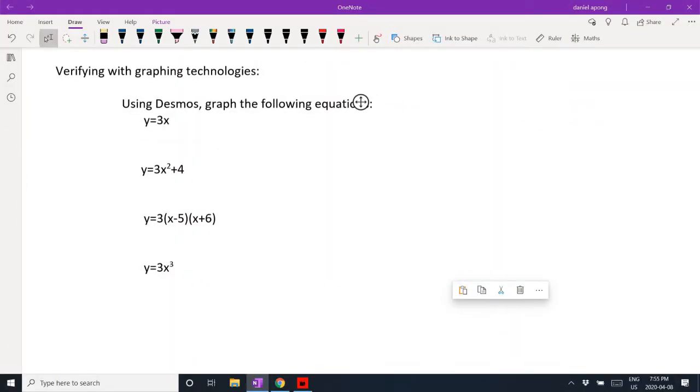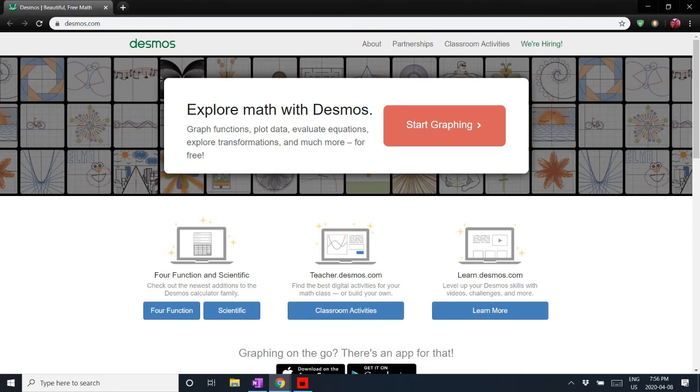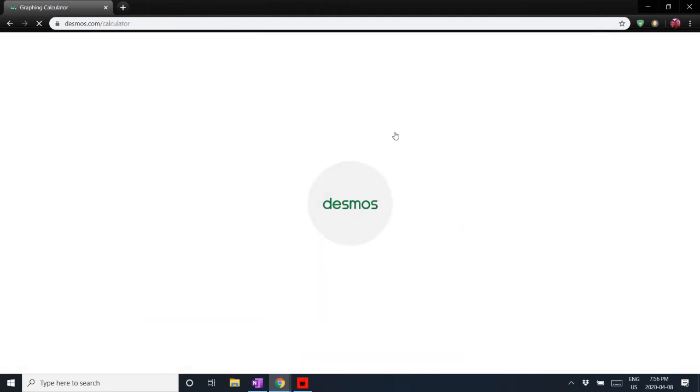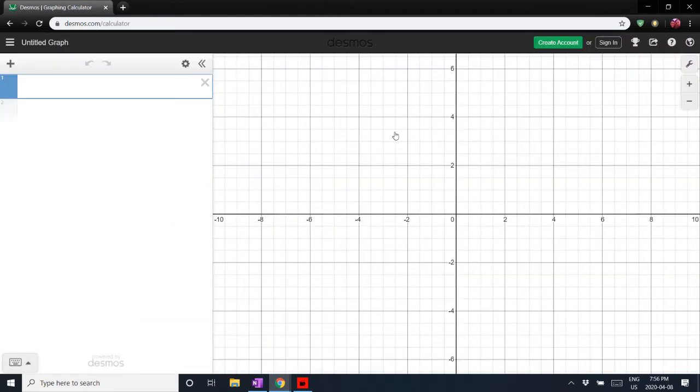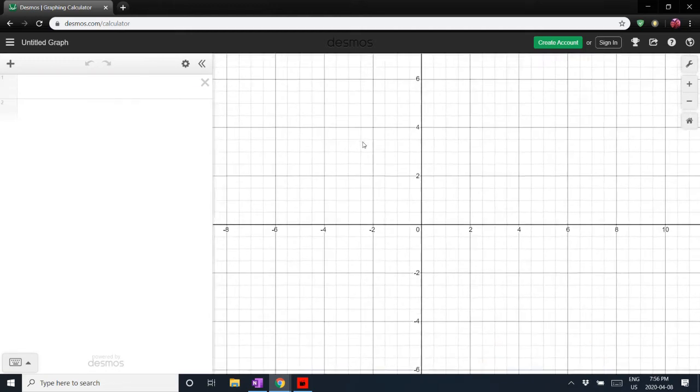Now, let's verify the types and shapes of graphs based on equations using graphing technology. Let's take a look at the first equation. y is equal to 3x. Let's go to Desmos. So this is Desmos, a very powerful graphing tool which will help us verify different types of graphs. So let's get started. If you click Start, you'll see a little window like this, and it shows us our Cartesian plane here.